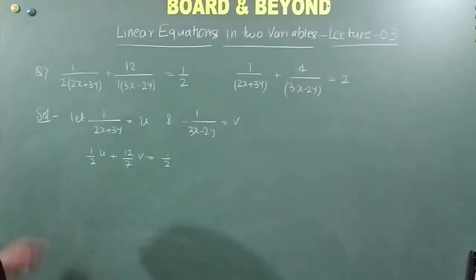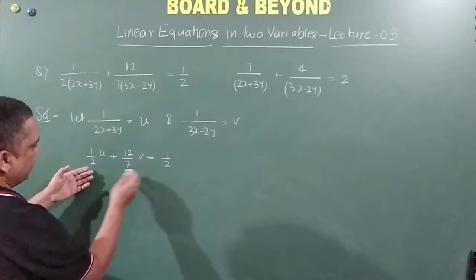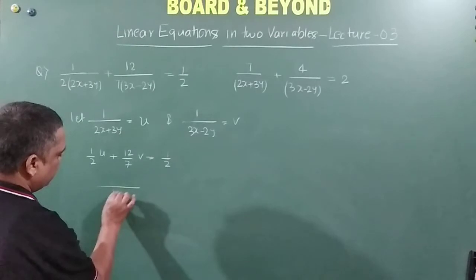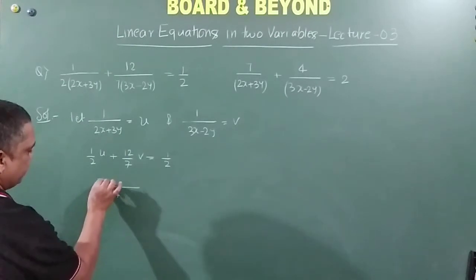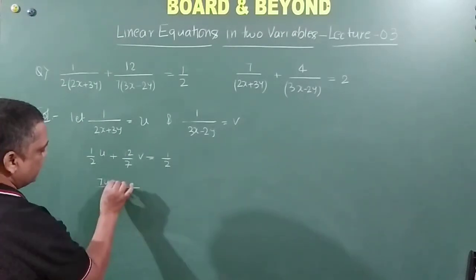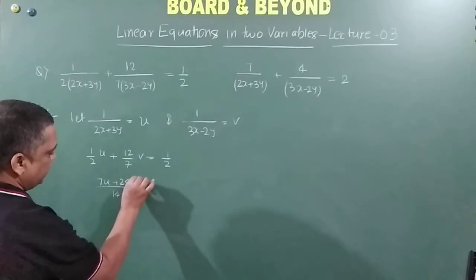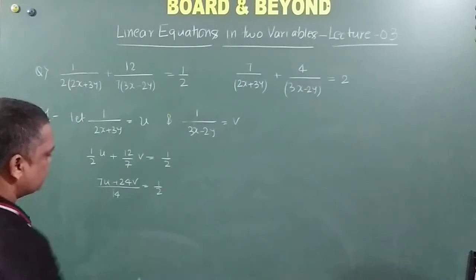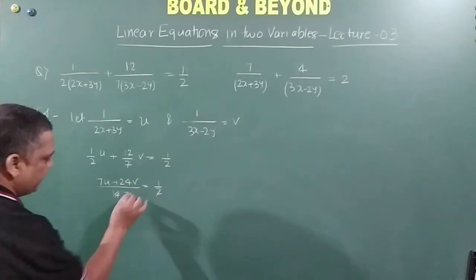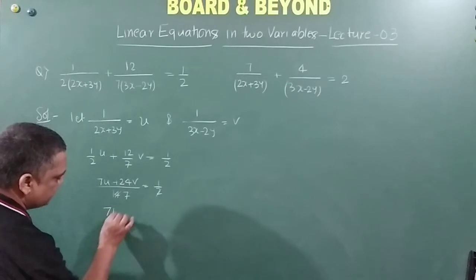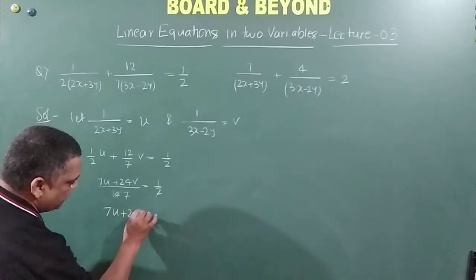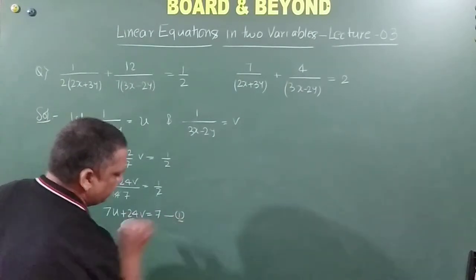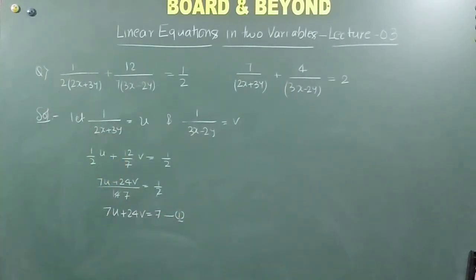After taking the LCM, this becomes 14, so this becomes 7u and this becomes 24v is equal to half. Now we can cancel 7, so in other words this is 7u plus 24v is equal to 7. This is our equation number 1, in u and v variables.